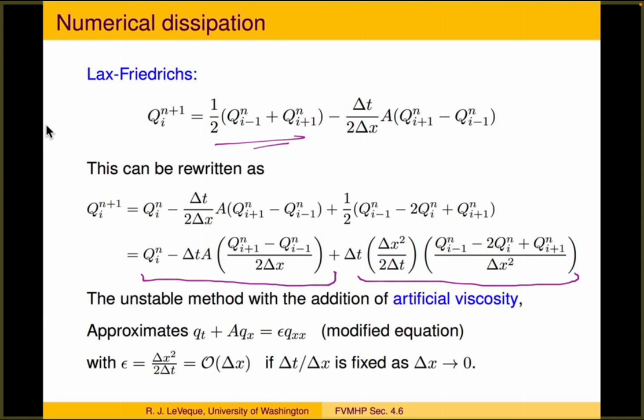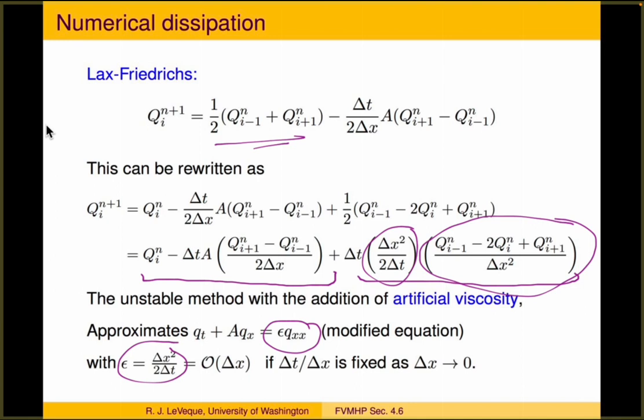By rewriting it this way, we can view this additional term as an approximation to the second derivative of q in x times a coefficient times delta t. And so we can look at this as approximating the advection equation, but with an additional term, epsilon qxx, involving the second derivative in x, where the epsilon is equal to delta x squared over 2 delta t.